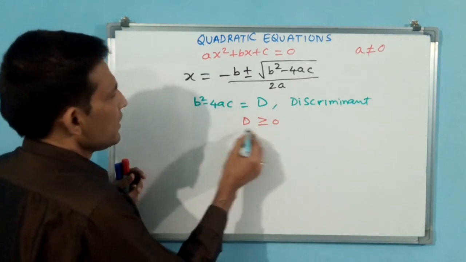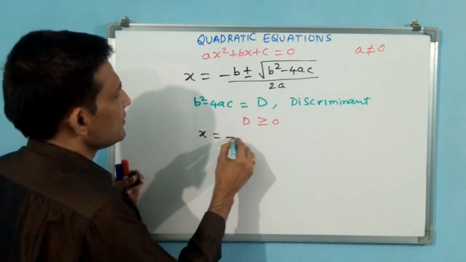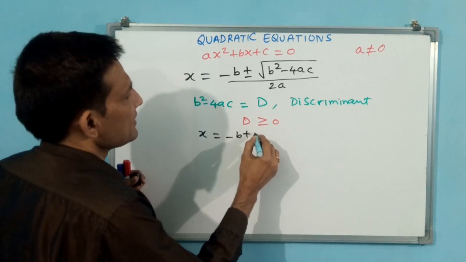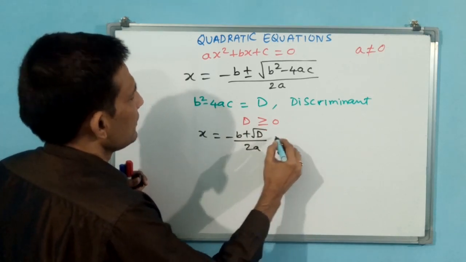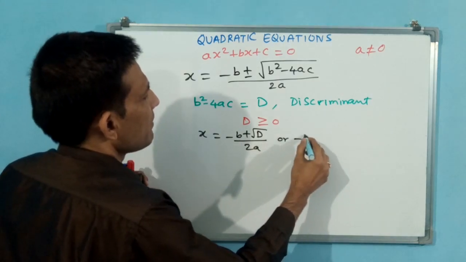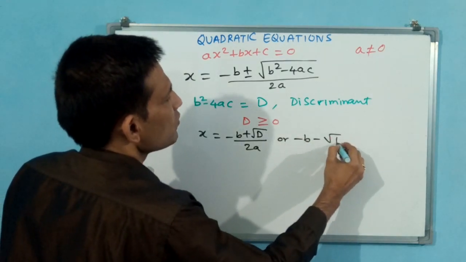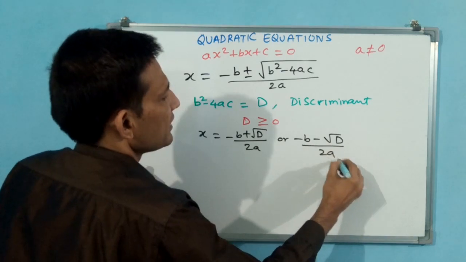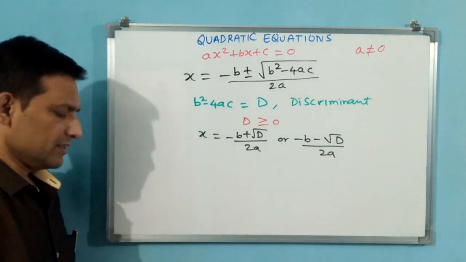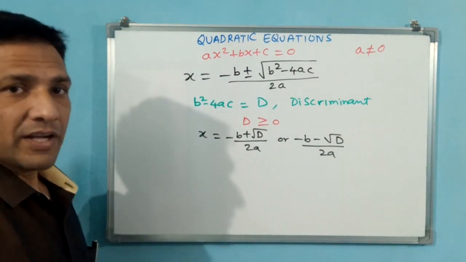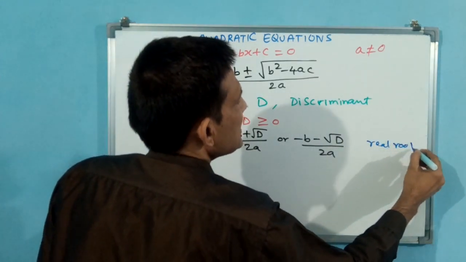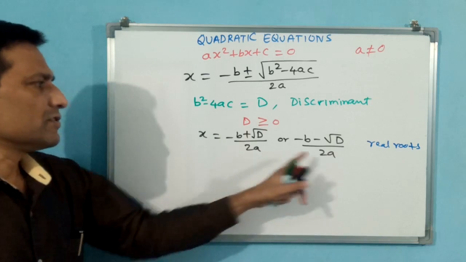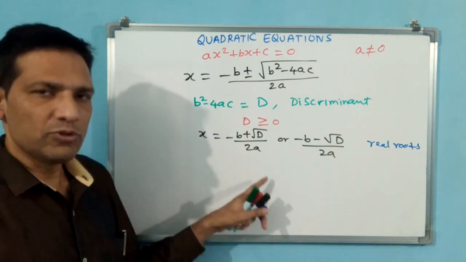You see, now if this is the condition, x is equal to minus b plus root d by 2a, or minus b minus root d by 2a. Okay, these are called real roots, but these are solutions only, real roots.